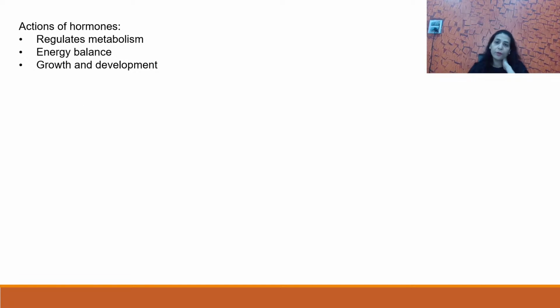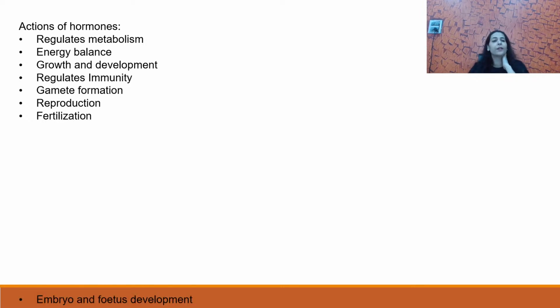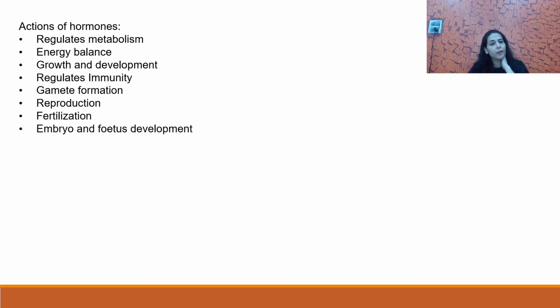Then they help in growth and development. They regulate immunity of our body. They help in gamete formation. Estrogen and testosterone help in formation of the ovum and the sperm. They help in reproduction. They help in fertilization, embryo and fetus development.